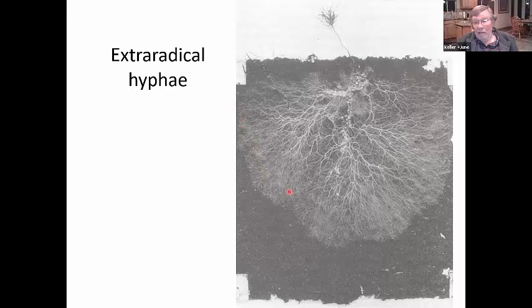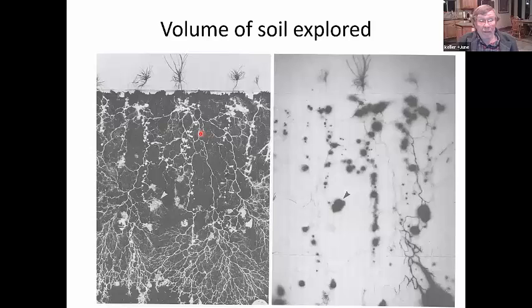And you can see how it explores a much larger volume of soil than the plant seedling can by itself. So it could then maybe take up phosphorus that's over here that the plant wouldn't be getting. And that would then increase the plant growth, because sugars generally aren't going to be limiting to a plant that's living in the sun.